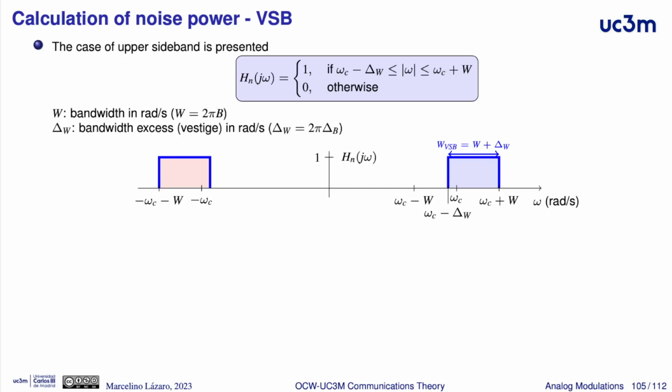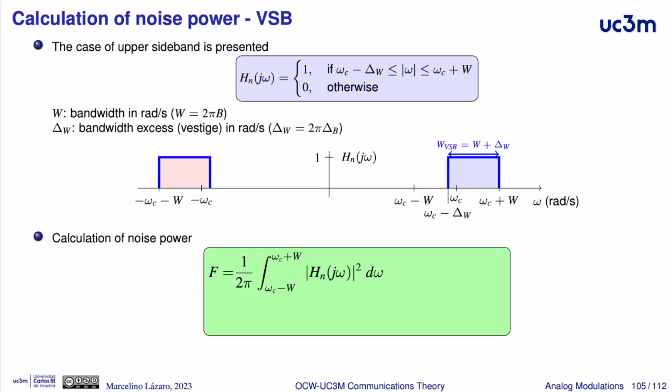And finally, for the vestigial sideband modulation, in this case again for the upper sideband variant, now the ideal noise filter is an ideal filter that has a bandwidth equal to the bandwidth of the modulating signal plus the vestige of the modulation.